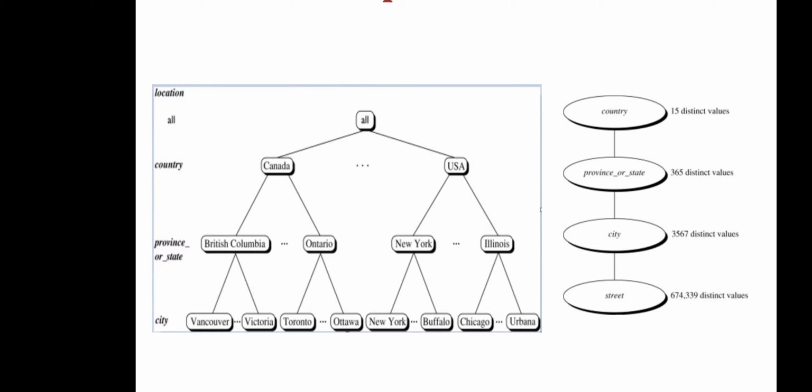So this is how we divide our data from high level to low level. Whenever we go from low level to high level, how can we represent it? A street can be represented by city, city can be represented by state, state can be represented by country. In this way we can move from street to city, city to state, state to country.